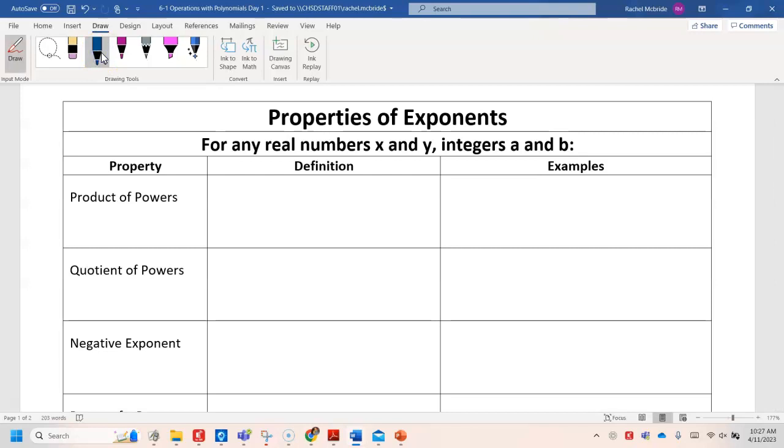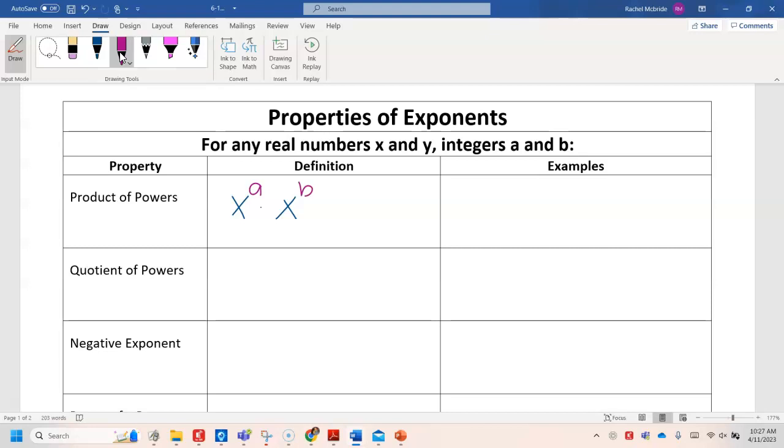So what that means is if you have the same variable, so we'll say we have variable x times x, but each of those x's are raised to a power. So we'll say that the first x is raised to a, the second x is raised to b.